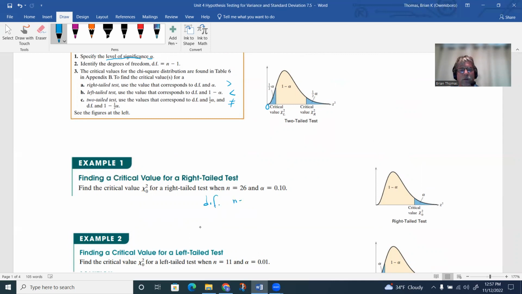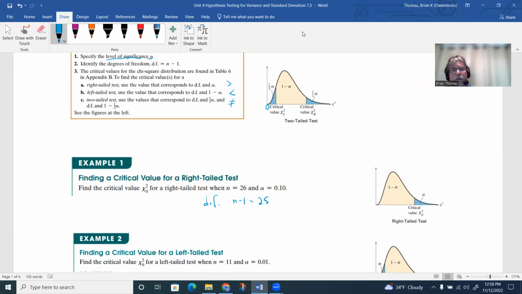So we have n-1, which is 26 minus 1, which is 25. For a right-tailed test, our graph is going to take on this look right here. When we get into hypothesis testing, this is what's called our rejection region, to the right of this chi-squared critical value. To find the critical value, we have to use a table.